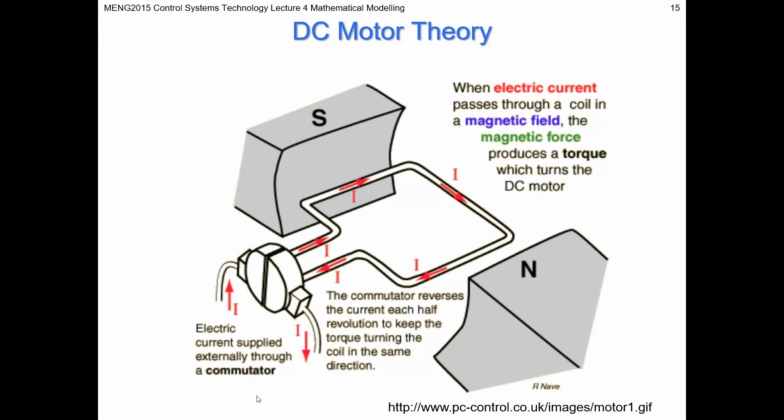If you have a configuration like this, where you have the current flowing in a loop, a wire loop like this, then of course you basically have a force acting at both sides of this wire loop, because both sides are transecting this magnetic field, and as a result of that you get a rotational force or a torque acting on this little configuration.